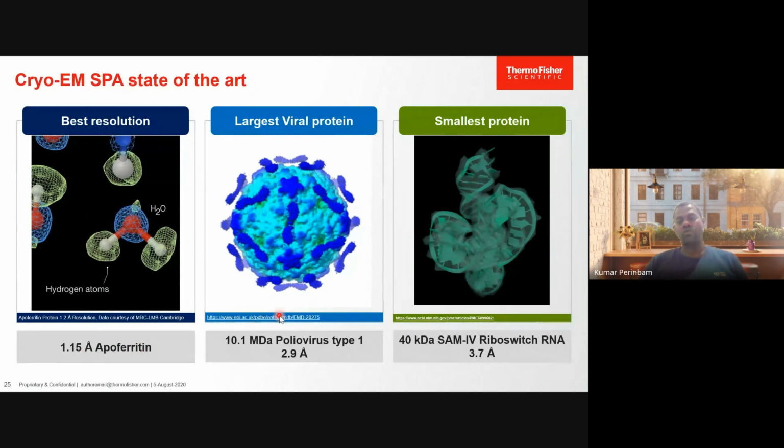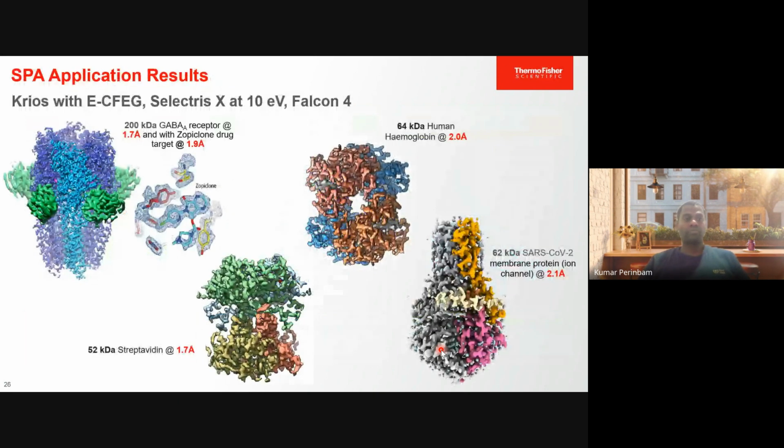That's the challenge that we are currently focusing on. And of course, the larger the protein is, like the 10 megadalton poliovirus structure, we were able to solve. And the smallest protein is like 40 kilodalton, which is quite challenging even in some cases of crystallography. Still we are able to get cryo-EM structures with that.